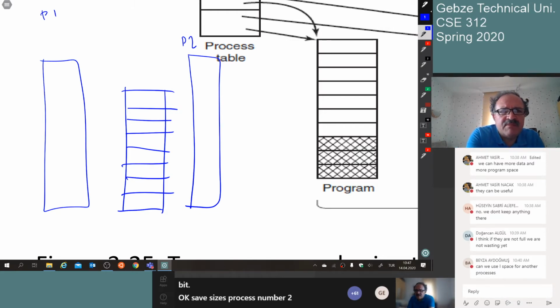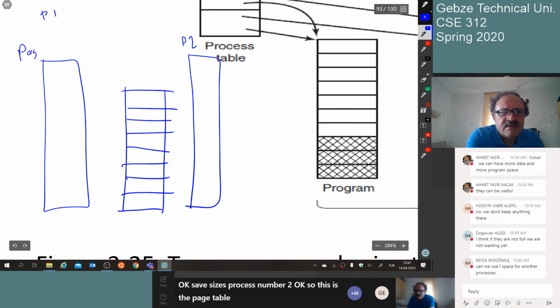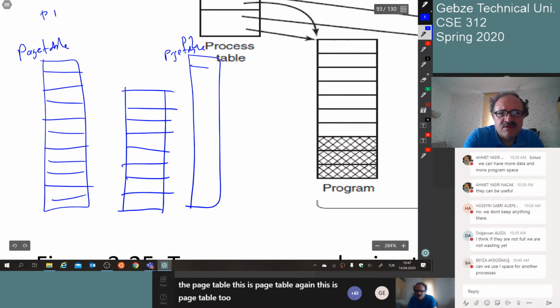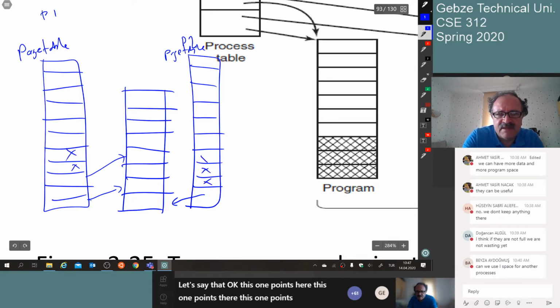This is the page table, and this is page table 2, and these are my virtual pages. This one points here, this one points there, this one is not here, not there, but this page and this page might be pointing to the same page number, and these are not in the memory.